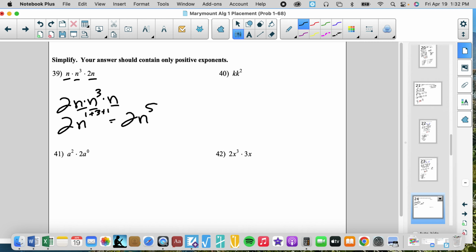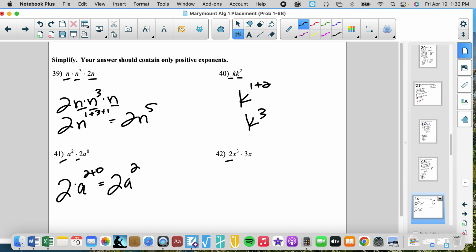We're going to go a little bit faster. k times k squared, like bases, k to the 1 plus 2, or k to the third. Coefficients, 2 and 1, which is 2. a to the 2 plus 0 gives you 2a squared. Coefficients, 2 times 3 is 6, times x to the 3 plus 1.